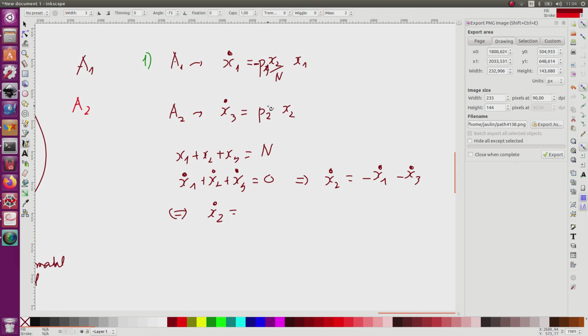There are different coefficients. So I will have x dot 2 equal to p1 x1 x2 divided by n, minus x3 dot. x3 dot is here, so minus p2 x2.